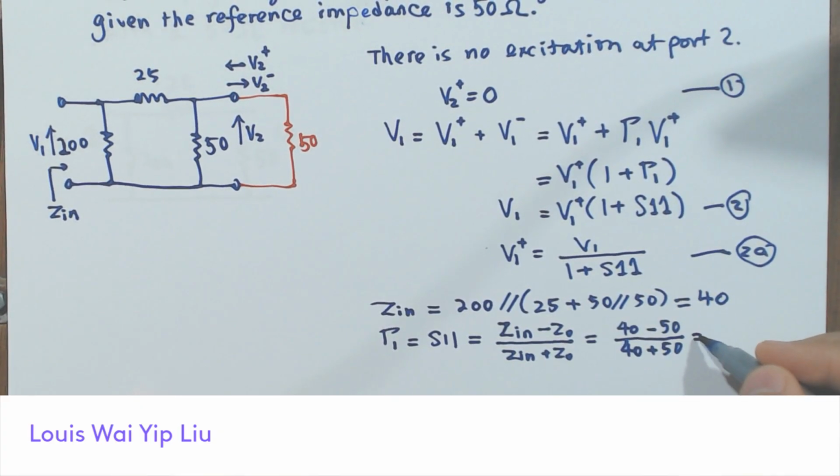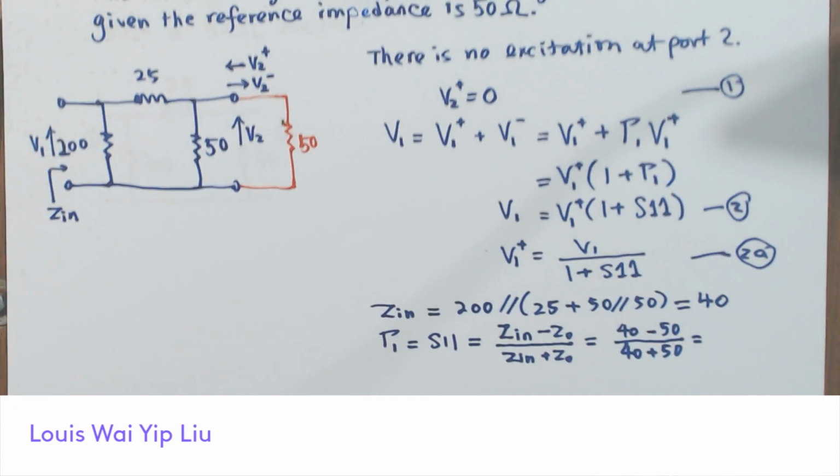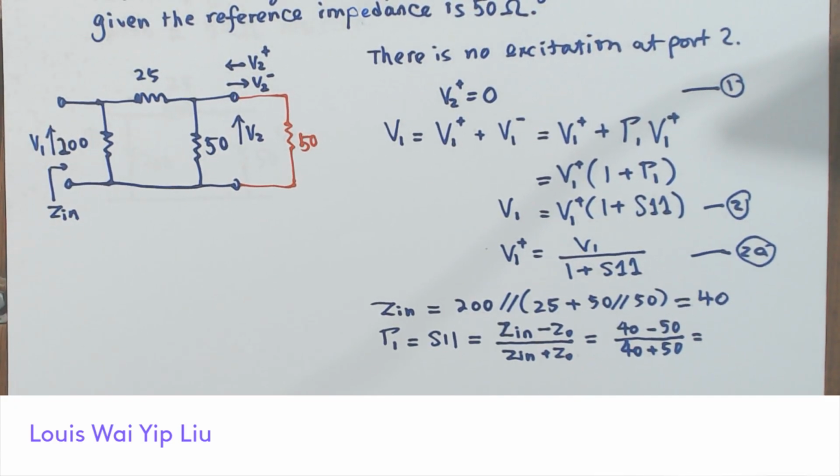And by my calculations, minus 10 divided by 90.